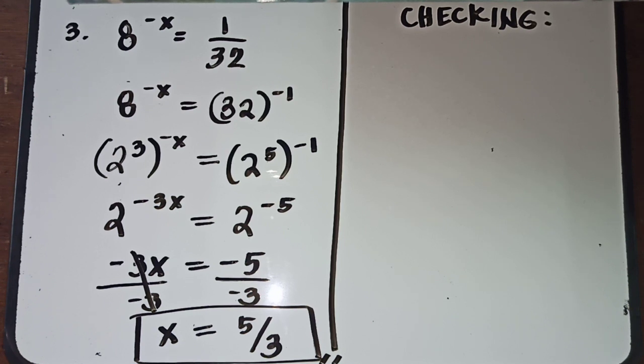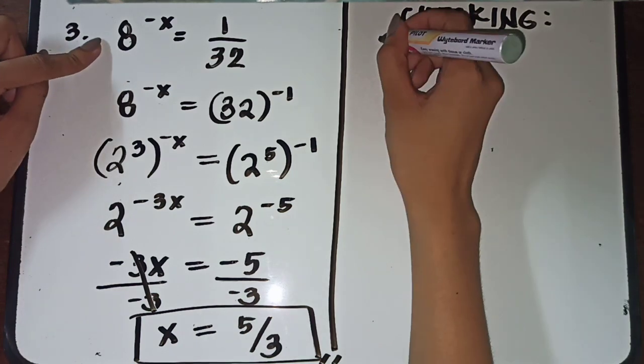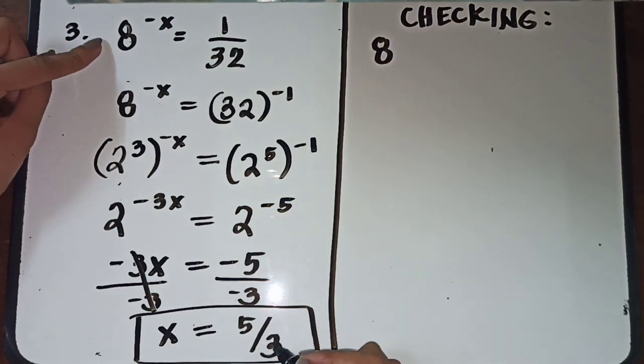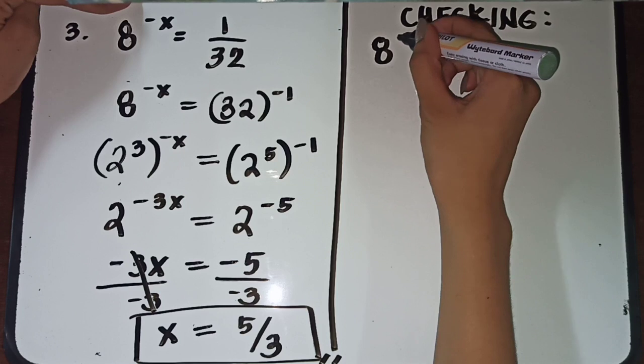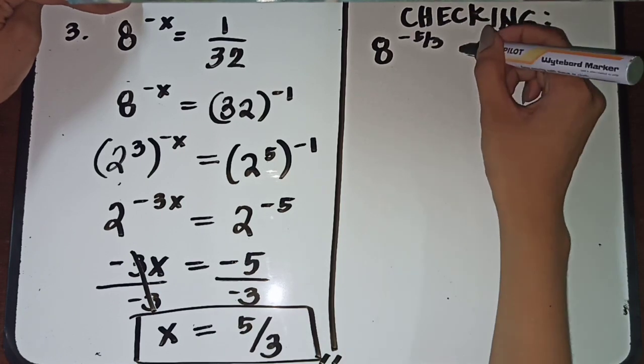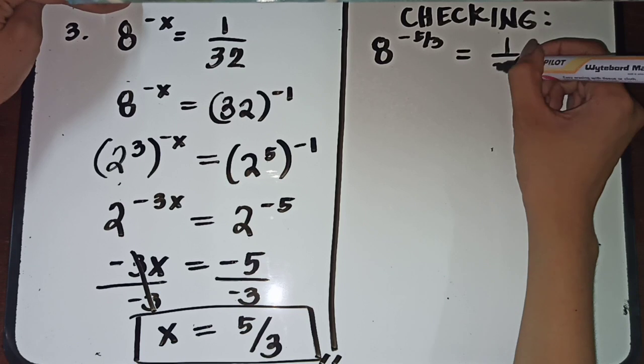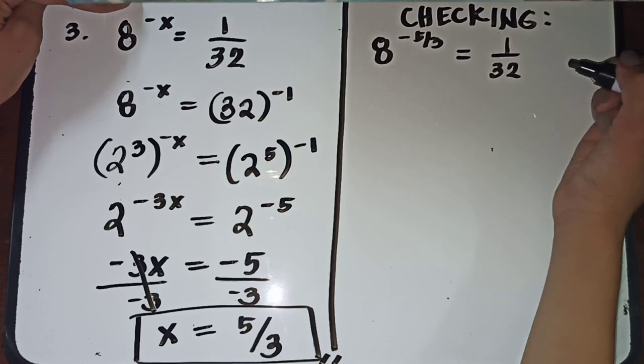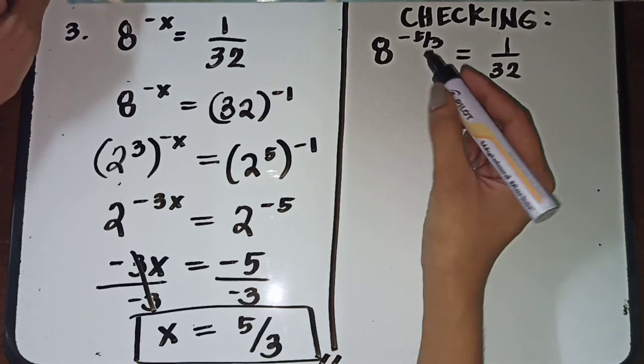So, for the checking, just substitute the value of x and i-check natin kung magsasatisfy ba siya doon sa given exponential equation. So, we have 8 raised to negative, the value of x is 5 over 3 is equal to 1 over 32. Okay, so meron akong negative exponent.